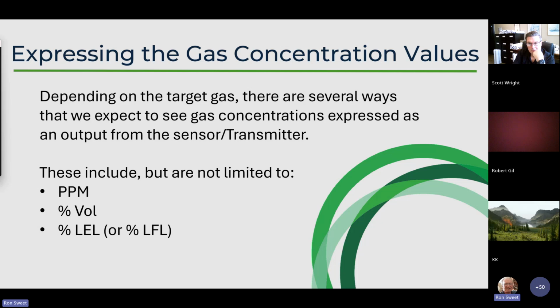So, for instance, if we look at hydrogen gas, it is created during the process of charging lead acid batteries. That's one of the areas where hydrogen gas is of concern. When you're charging lead acid batteries, by their very nature, they are vented batteries, and they're vented because the charging process creates hydrogen gas. That hydrogen gas is much lighter than the ambient atmosphere.